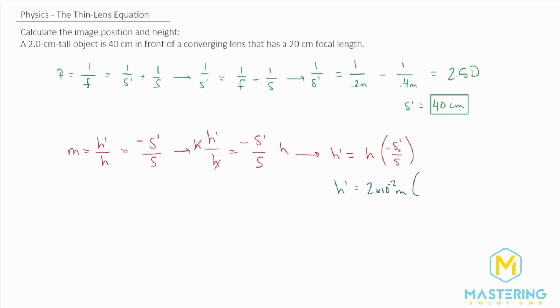And then the image distance we found was 40 centimeters, or 0.4 meters. The negative is not from the answer, it's from the equation. And that's over the object distance, which is S. And we're told that the object distance is 40 centimeters in front of the lens. So we have 0.4. So this is negative 1.